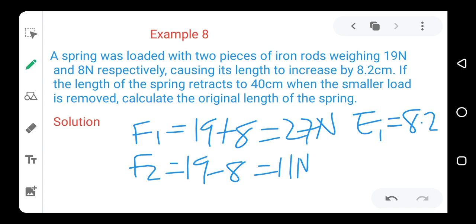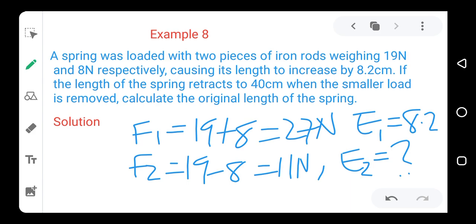Now, 11 Newton, and then E2. We need to calculate the original length of the spring. Now, E2 is what? E2 is going to be equal to the extension produced: the extended length minus the original length.